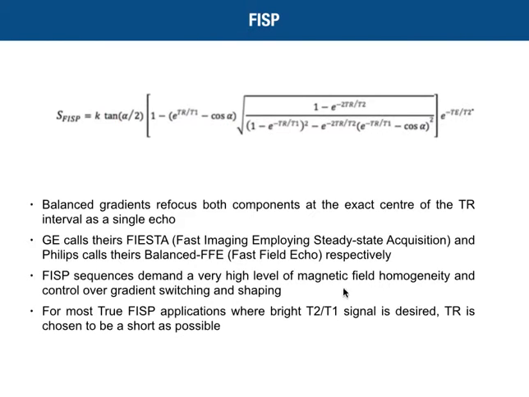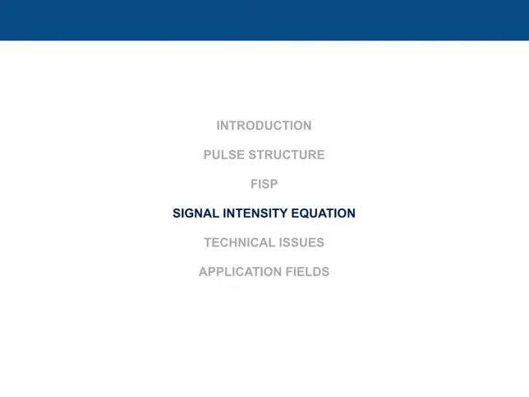And for most true FISP applications, T2 over T1 images are desired, and that's why repetition time is chosen as short as possible.